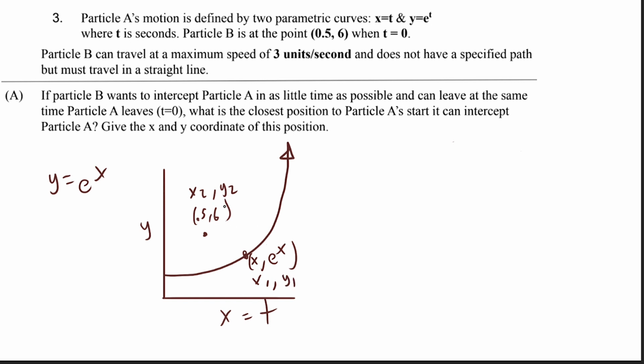Okay, so now that we have that, we can use the distance formula to find an equation that will give us the distance between this curve and this point at any point along the curve.